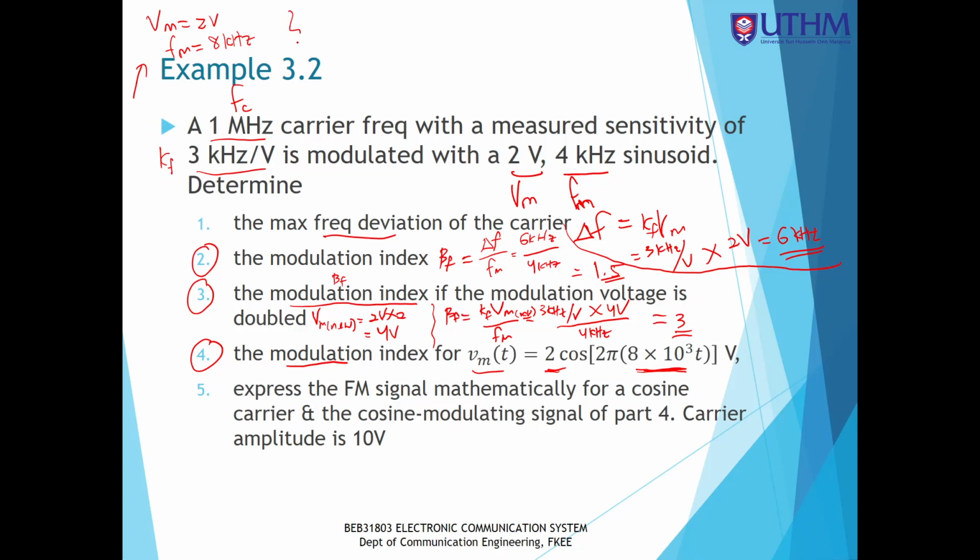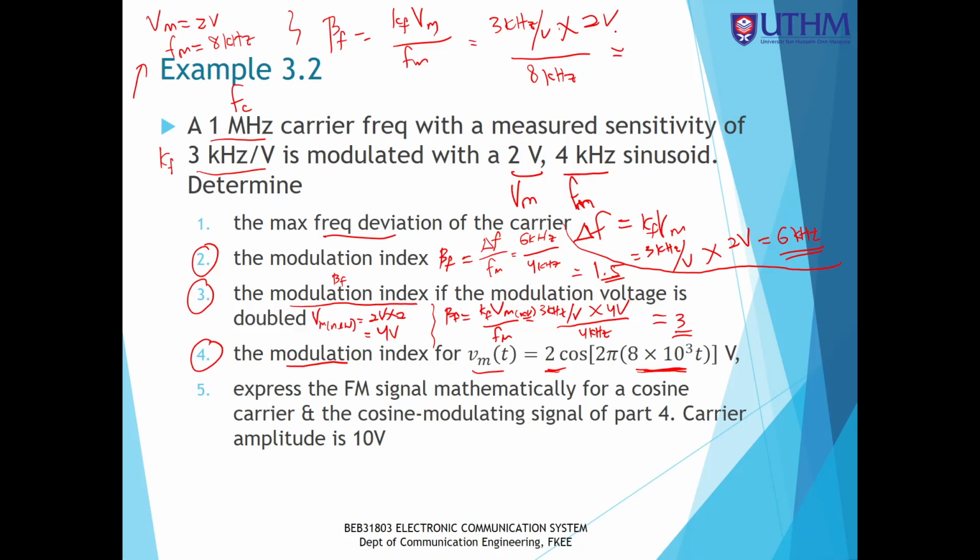So the question asks you to find beta f, which is equal to kf Vm over Fm. kf is 3 kilohertz per volt times 2 volt, divided by 8 kilohertz.